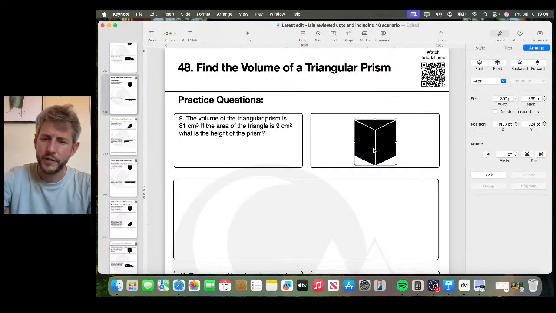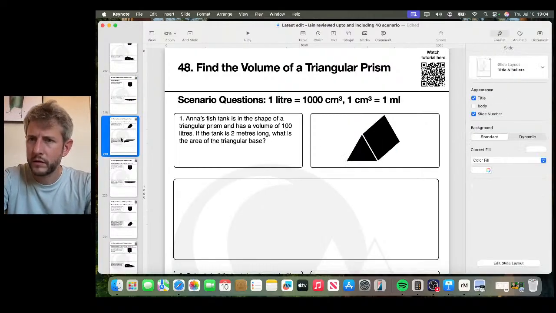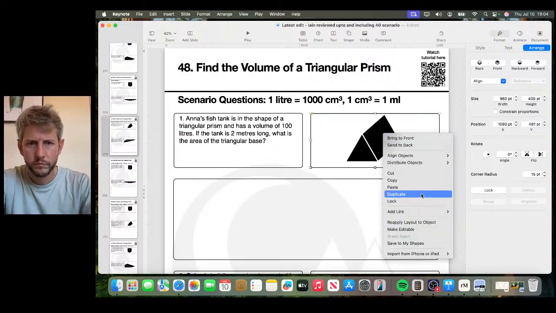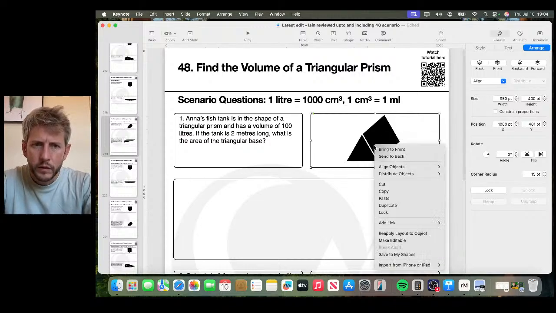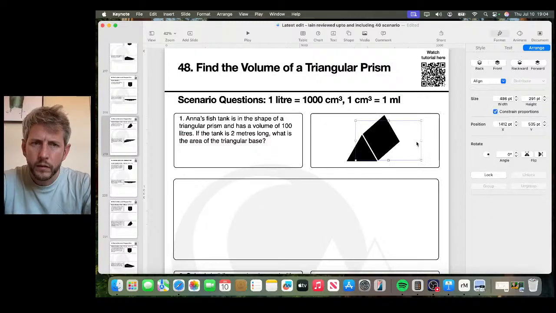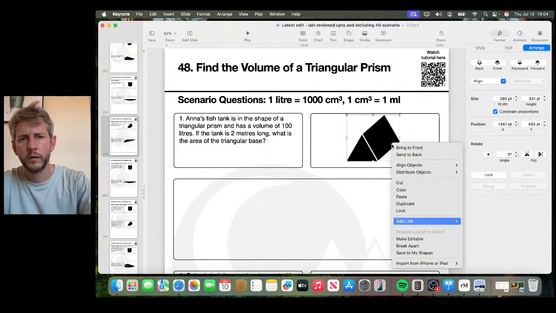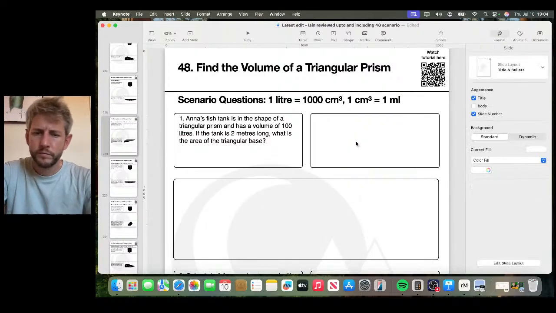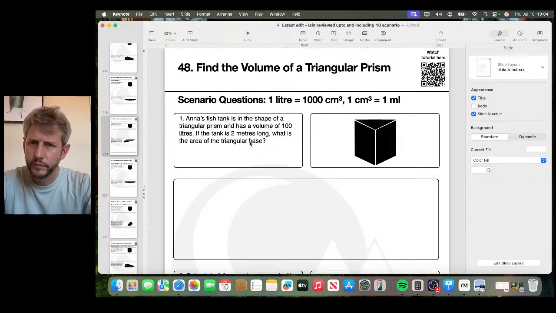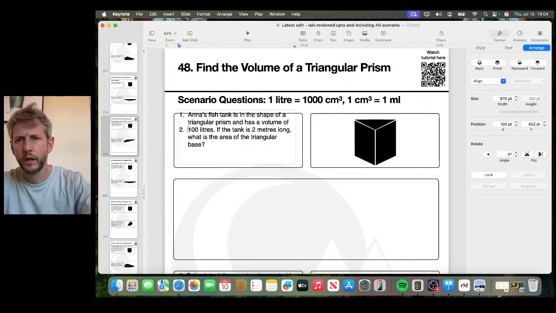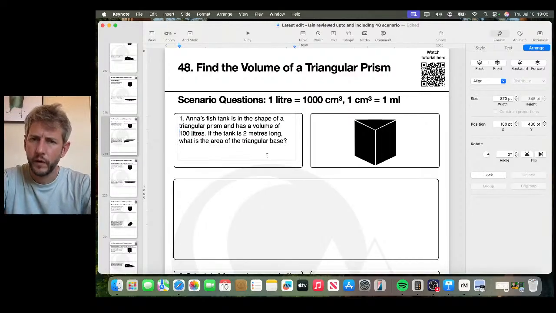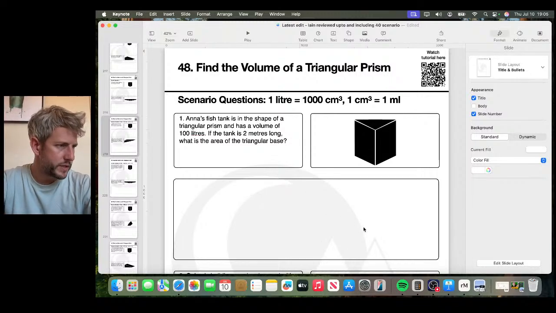And here's that upright fish tank. Right, so that's that one done.